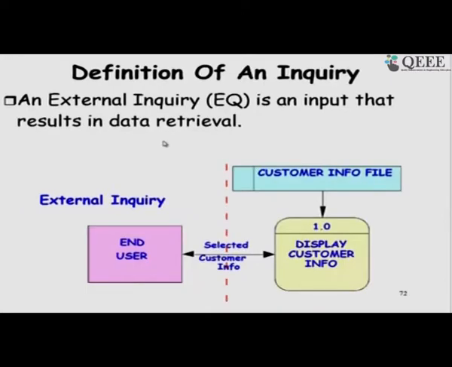An inquiry does not modify the internal data, but may input some data like roll number, etc., which are just used for internal processing like searching, retrieving, etc., but they do not modify the internal data. So, that is the definition of an inquiry.